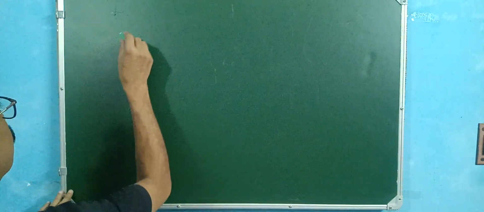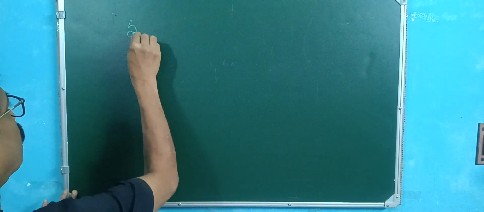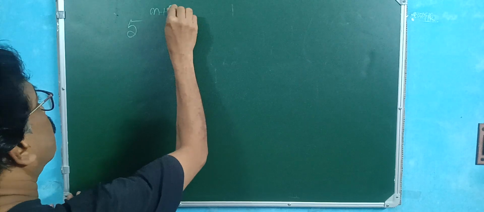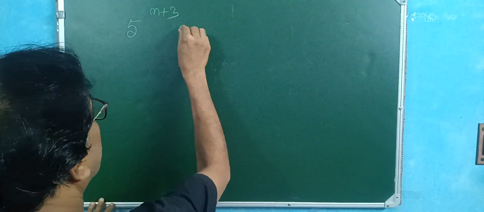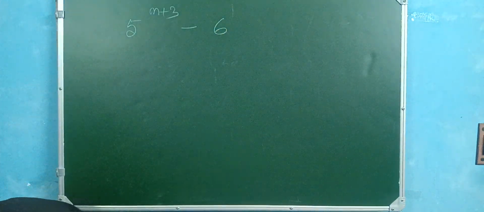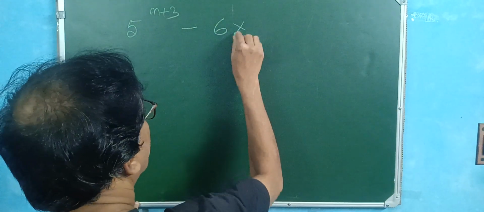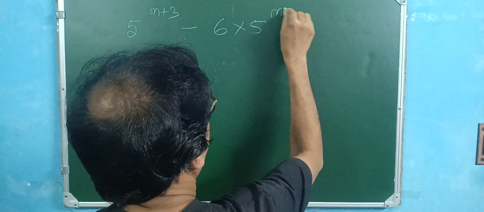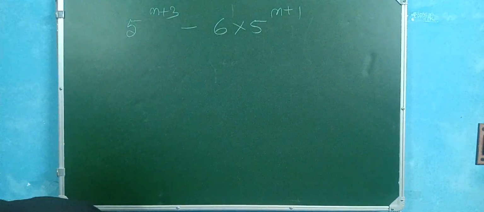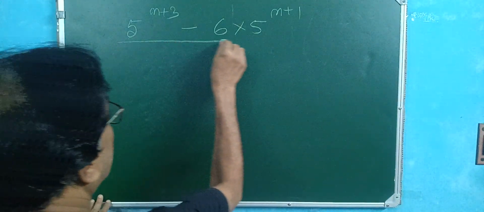Here is the sum: 5 to the power n plus 3, minus 6 into 5 to the power n plus 1, divided by 9 into 5 to the power n, minus 2 square into 5 to the power n. Just copying is a very important thing. You just properly copy the sum.